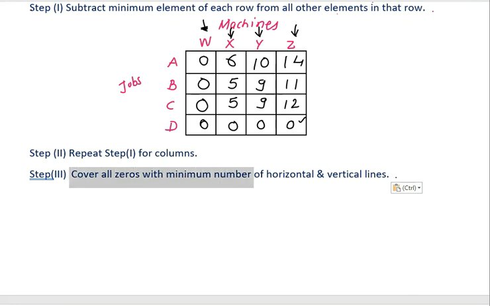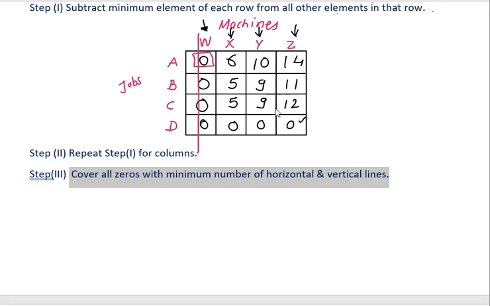Starting from the first row, look at the rows containing a single zero. The first row contains a single zero, so we make an assignment here and we draw a vertical line. When we make an assignment in a row, we have to draw a vertical line.